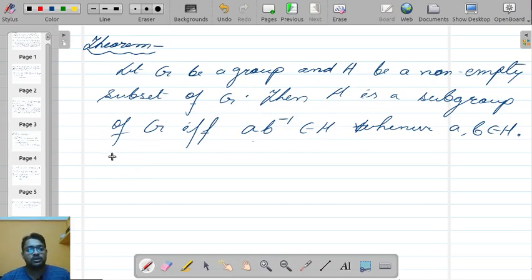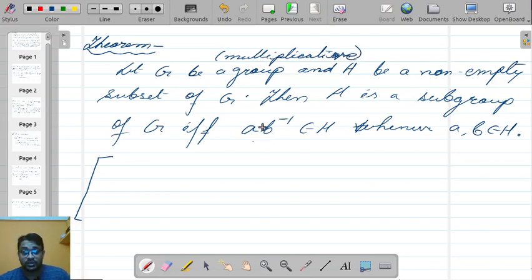This is written in multiplicative notation. It may happen that in the question you get it in additive notation. Multiplicative notation doesn't mean that the operation is multiplication. The operation is something else, we just denote it in multiplicative notation.